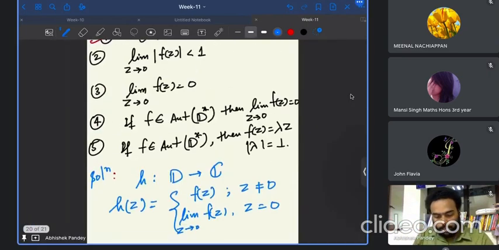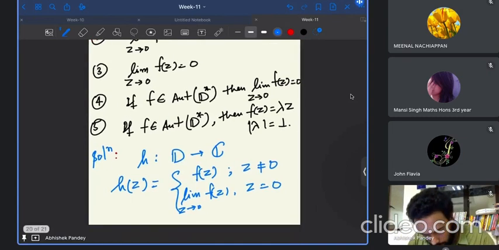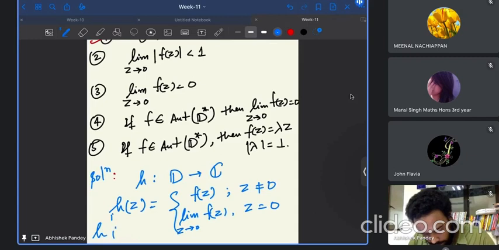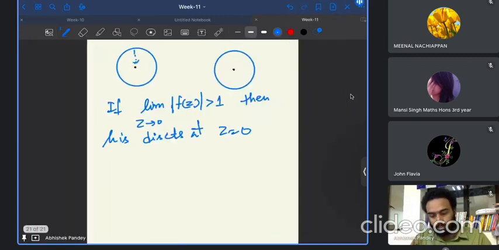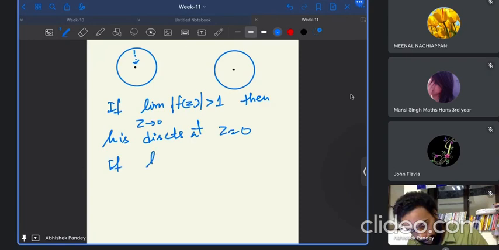But since f has a removable singularity at 0, in fact this h is analytic, holomorphic. So this will contradict. Again, if limit z tends to 0 mod of f(z) is equal to 1.